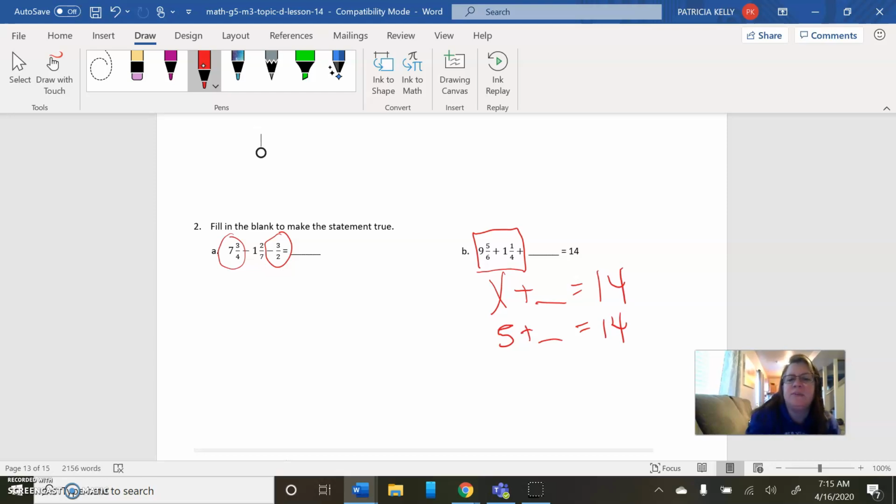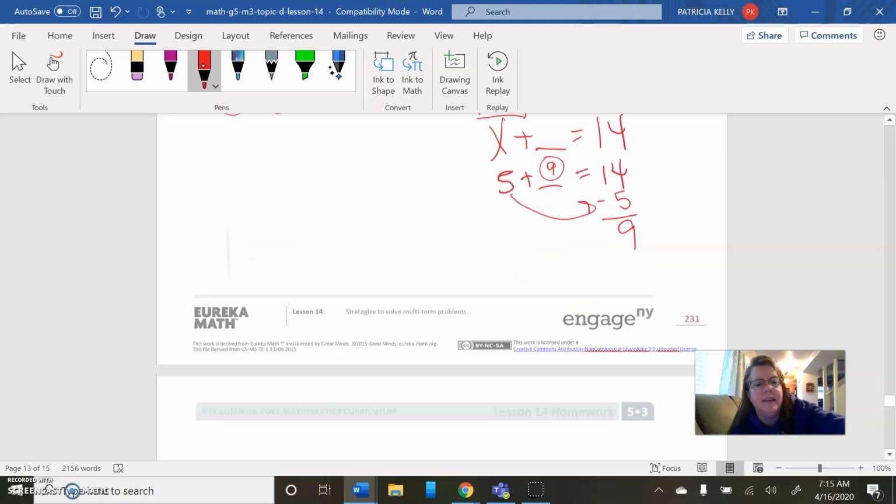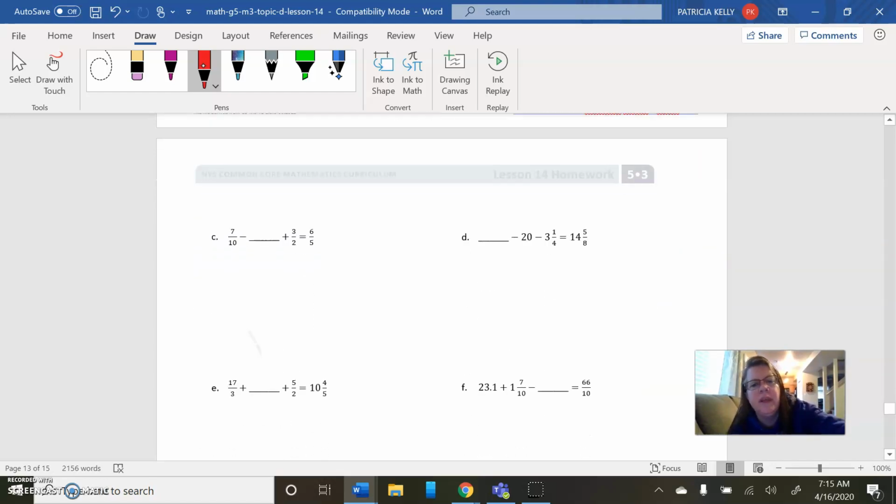Right, remember I have to subtract what's on this side, so I do 14, take this over and I would say minus the 5 would tell me what's missing, and 14 minus 5 is 9, right? So in this case, I would say, 5 plus 9, let me think about that in my head, does that work? Is 5 plus 9 equals 14? Okay, so that's very similar, they do the same thing.